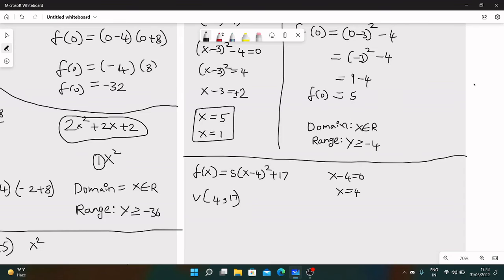So we have 4 comma 17. Now is this concave up or down? This is concave up. I told you we have to look at this value, and it's positive, which means it's concave up.